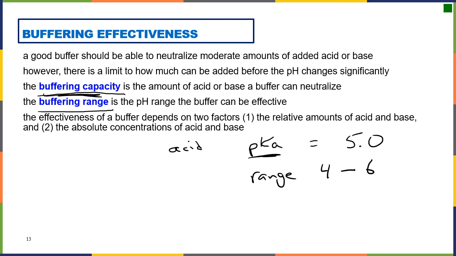Buffering capacity says how much added base or acid the buffer can neutralize until it's gone. So what do we need? We need to know how much of the weak acid and its conjugate base we have in our solution. That's going to give us our buffering capacity, and then the pKa of the acid or base is going to give us the range at which it will work.